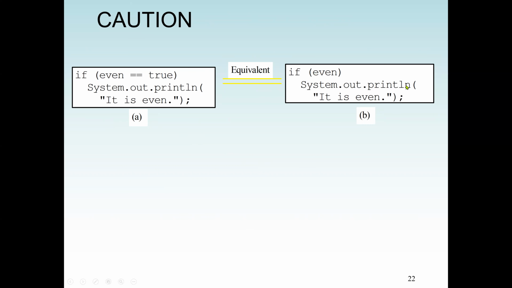We move to the next line here. Now the two are the same. We are checking if even is true. Here also we are checking if it's true, then it will print true. If it's false, then it will be false.